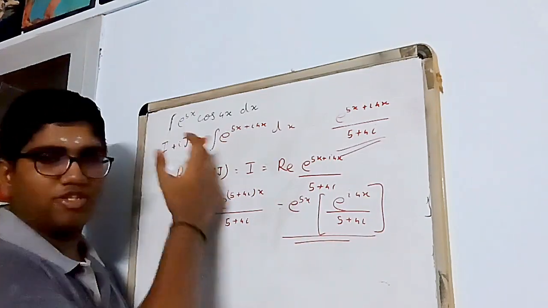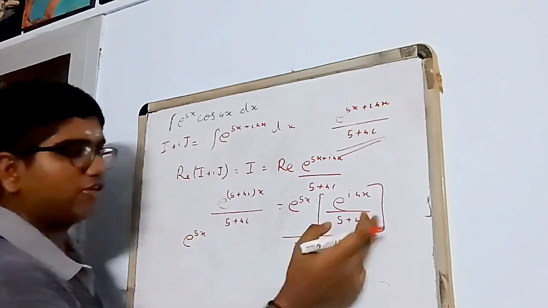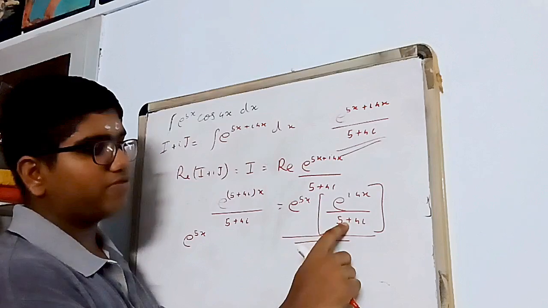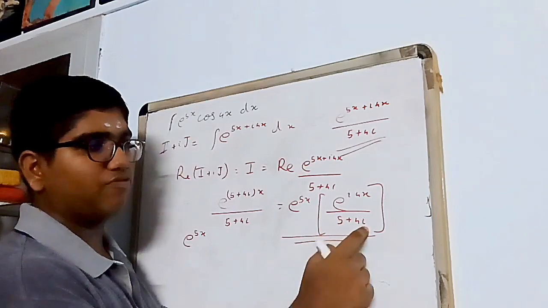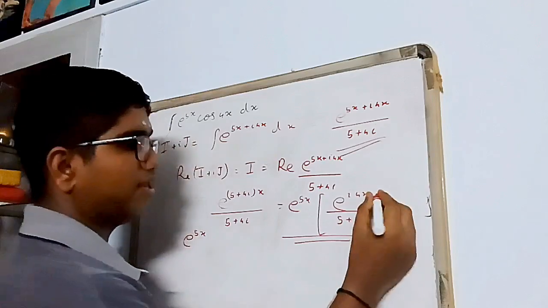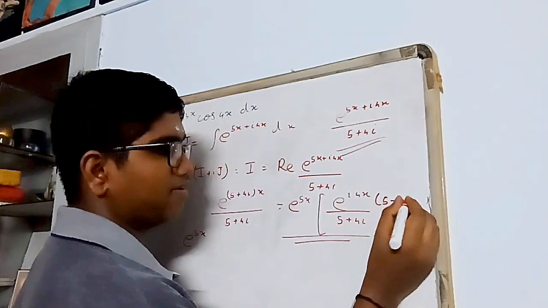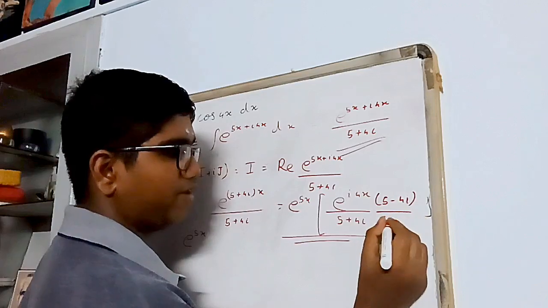So e raised to 5x, to get the real part, we will multiply with the conjugate 5 minus 4i up and down, times 5 minus 4i over 5 minus 4i. Now this is simple.